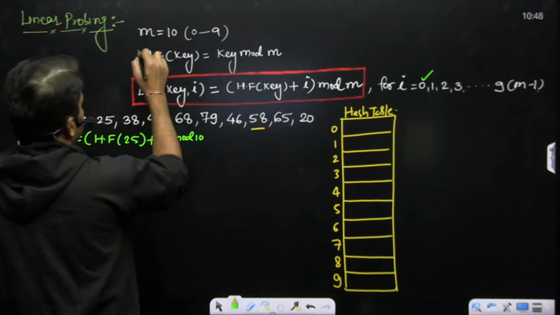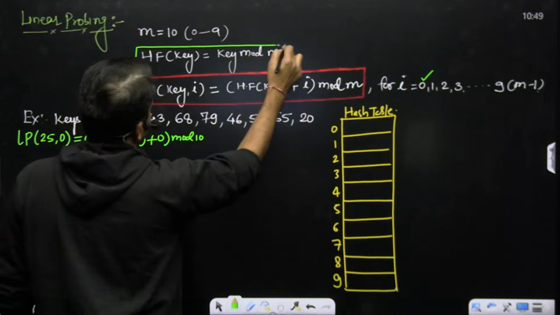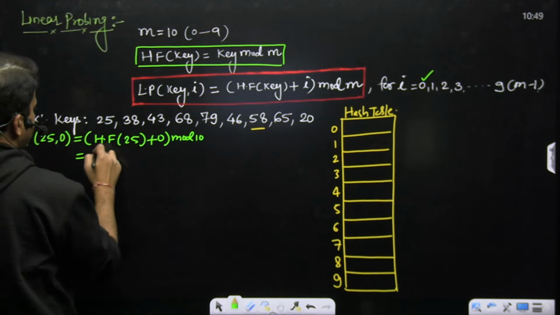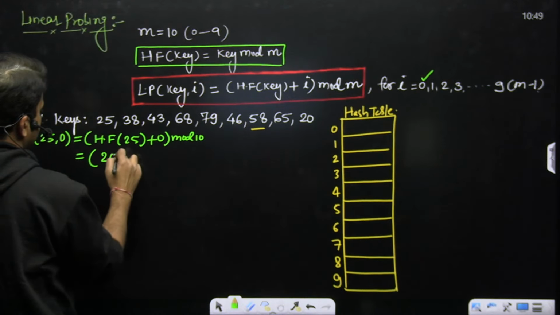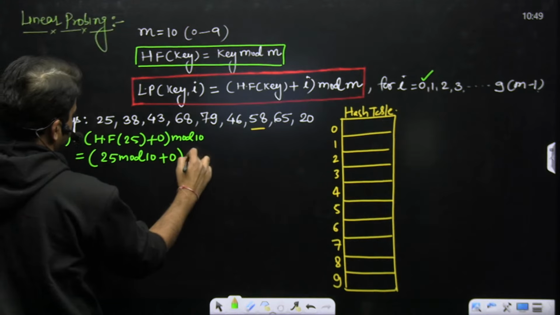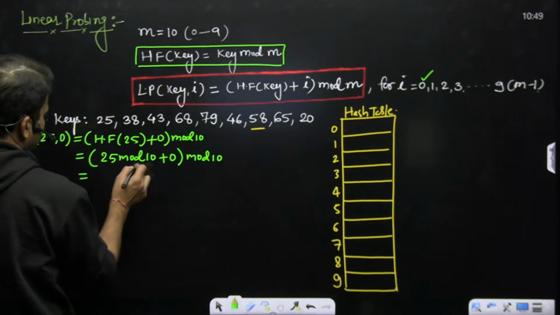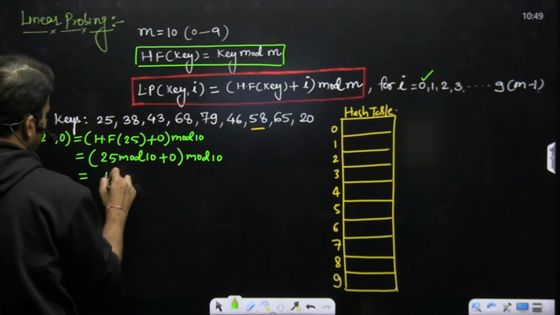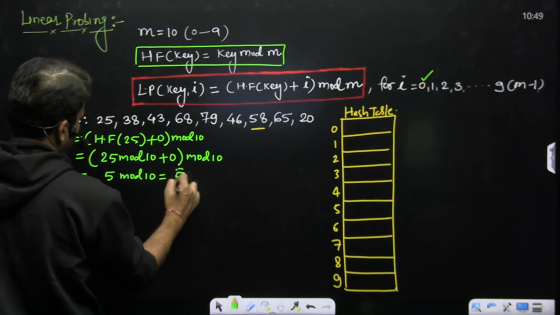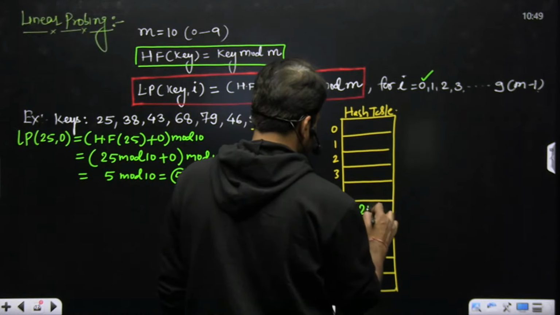H(25), sir, formula, you can apply this formula for hash function. ये क्या प्रोड्यूस कर रहा है बच्चे? यहाँ से रिजल्ट क्या आया? 5 plus 0, 5 mod 10, so it will give you 5. So 25 का hash index 5, so 25 is stored at this index.